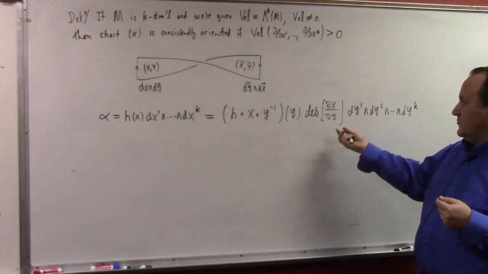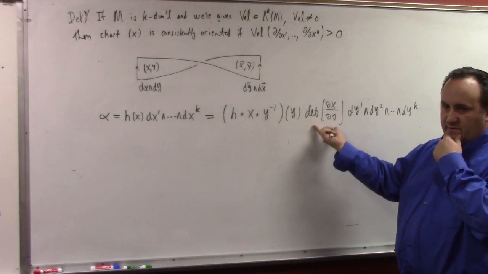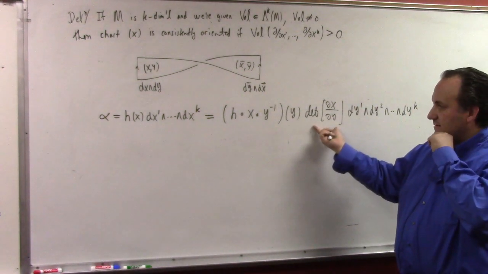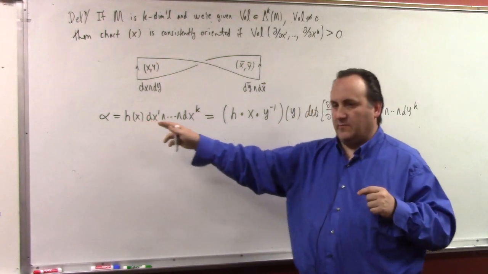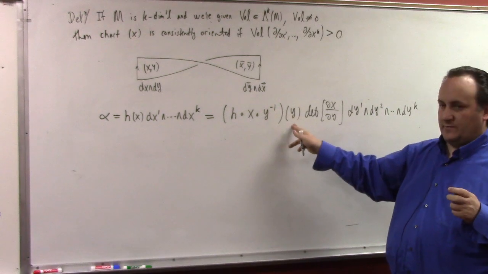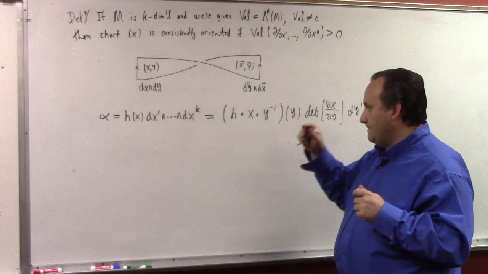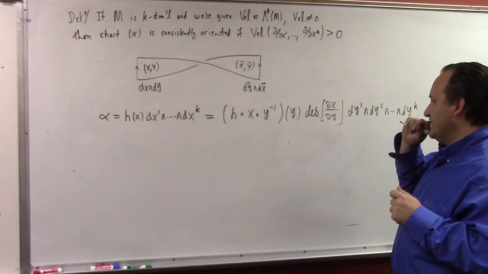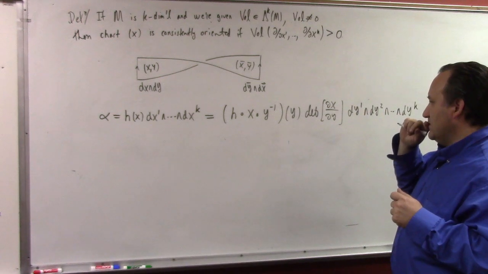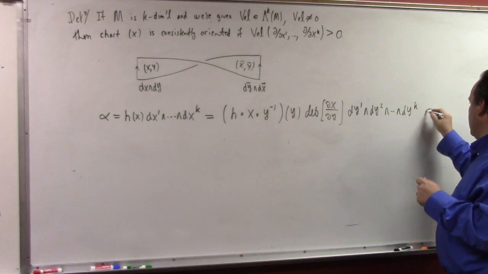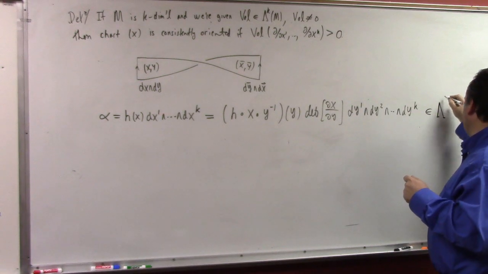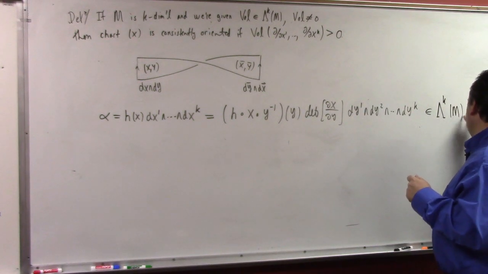And when I do that, it brings out the partial x partial y matrix. And you notice here, I'm just composing it with y inverse composed with y. Anyway, the larger point is this is an element of the k-forms on the manifold, right?